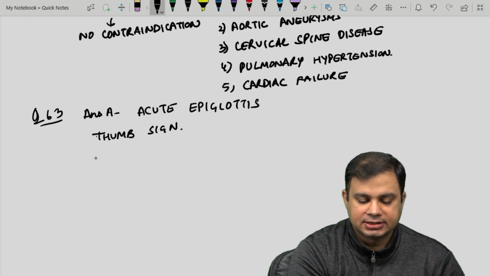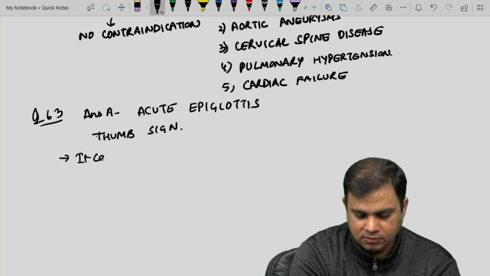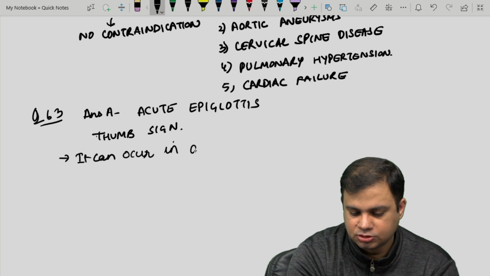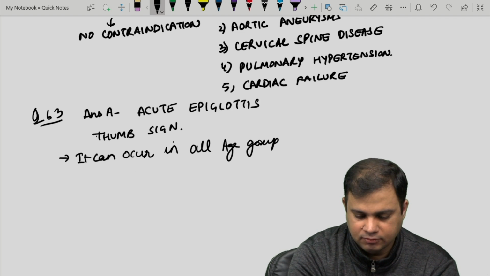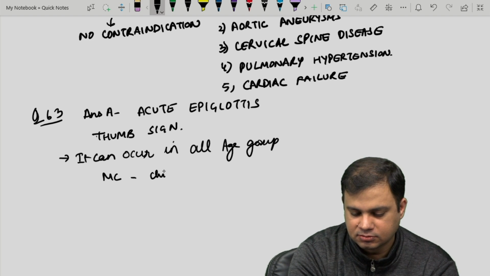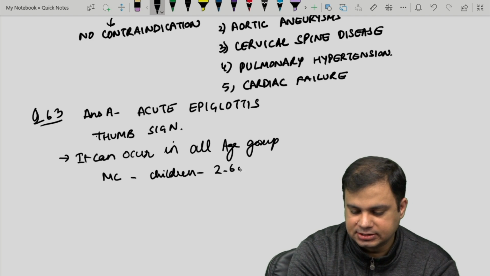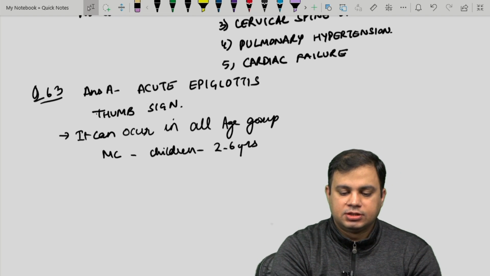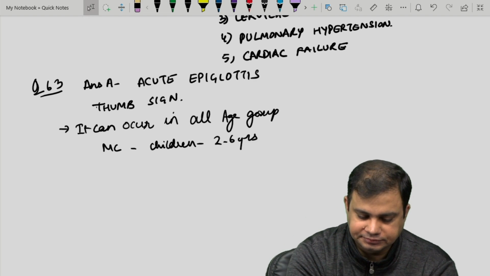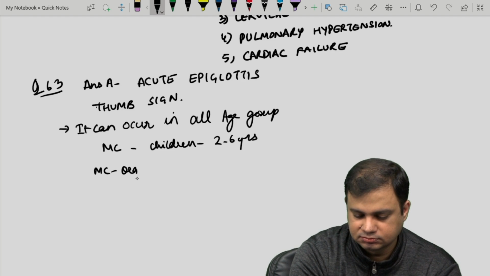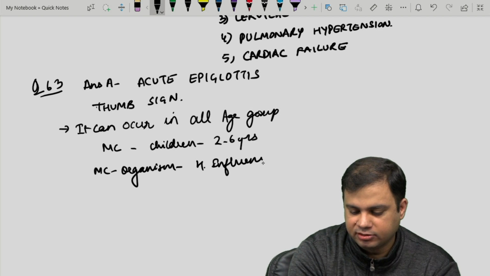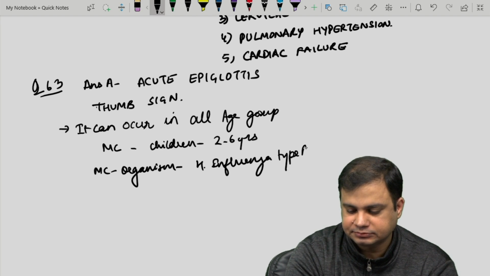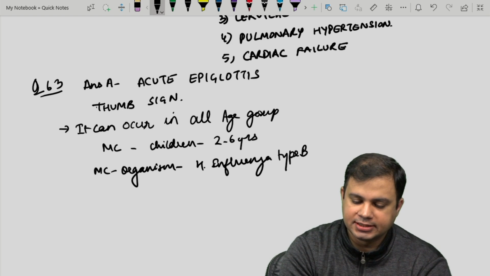Now, acute epiglottitis can occur in all age groups, but most commonly in children it occurs in 2 to 6 years. It is caused by H influenzae, but with the advent of the influenza vaccine, this organism is becoming rare.